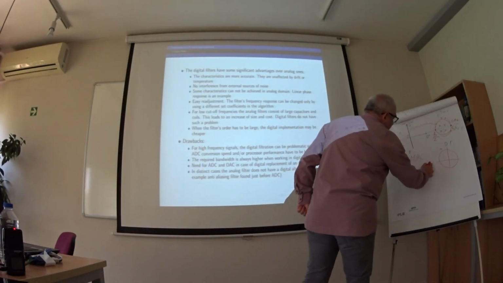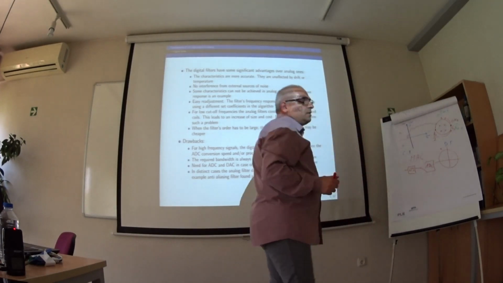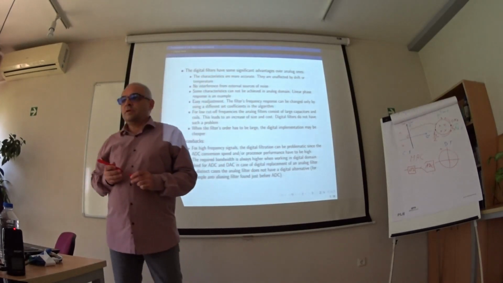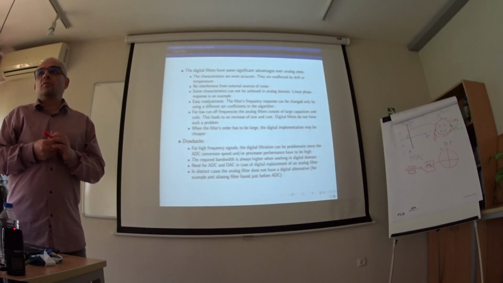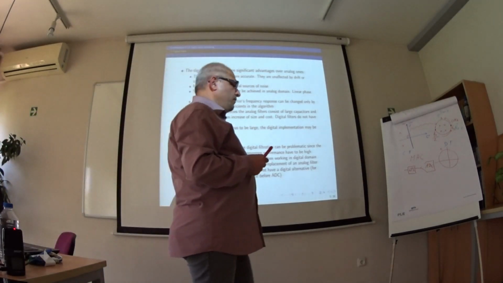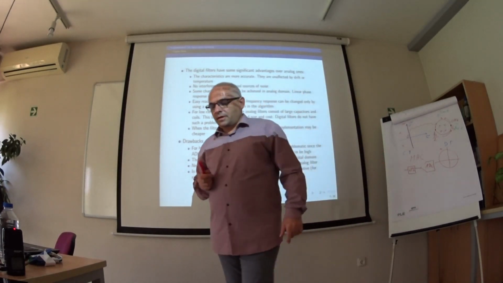We have our analog to digital converter. Here we have an anti-aliasing low pass filter. This filter cannot be digital because it is in front of the analog to digital converter. If we omit this, we will have aliasing, which is not desirable. It cannot be replaced, only analog version.